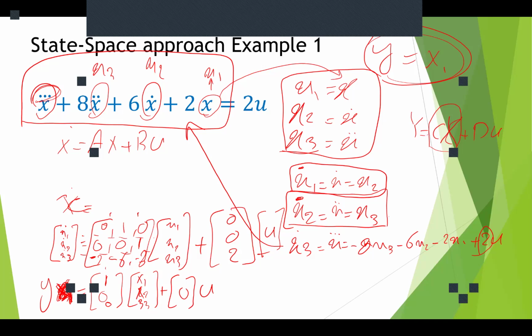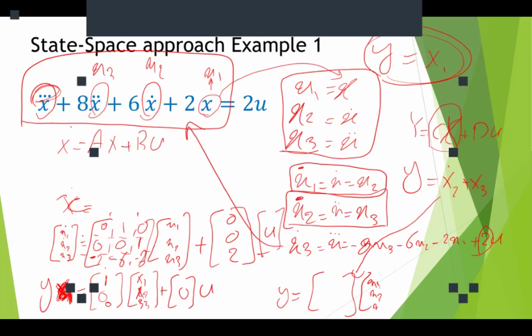Is that clear? Now, what if we define y as x2 dot plus x3? In that case, what would be C, x1, x2, x3 plus D times u?